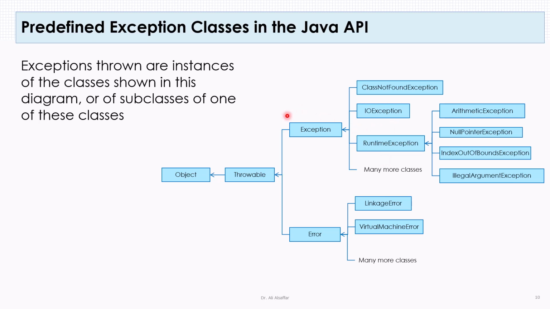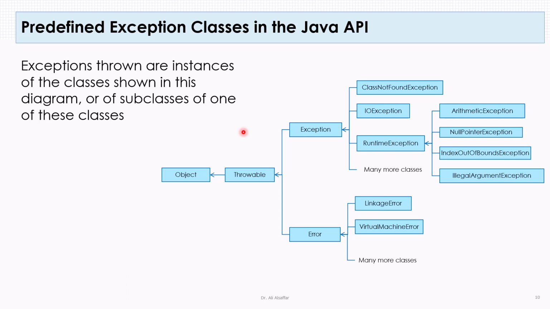We are going to talk about the input-output exception in more detail when we talk about files. For example, if we try to read from a file that does not exist, then the program will generate a file not found exception.